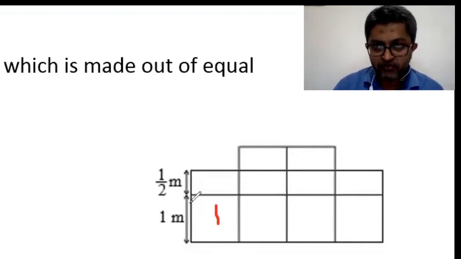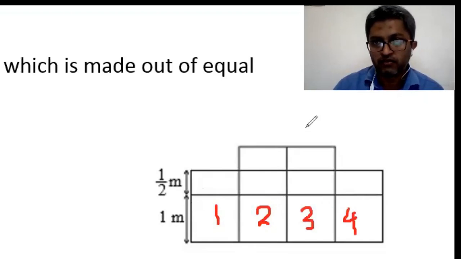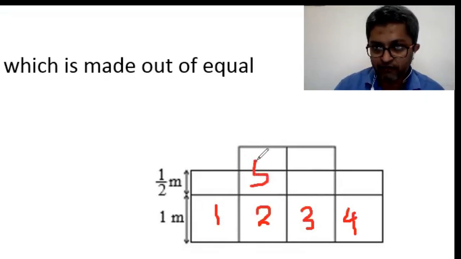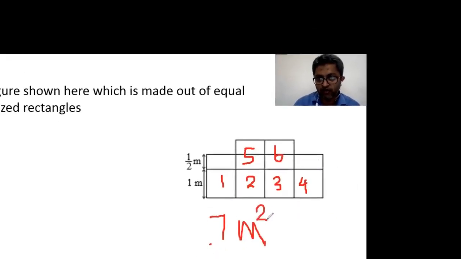This is 1, 2, 3, 4. 4 we got. And these 2, this is half, this is also half, so together 5, 6. And this half together will become 7. So it's going to be 7 centimeters squared.